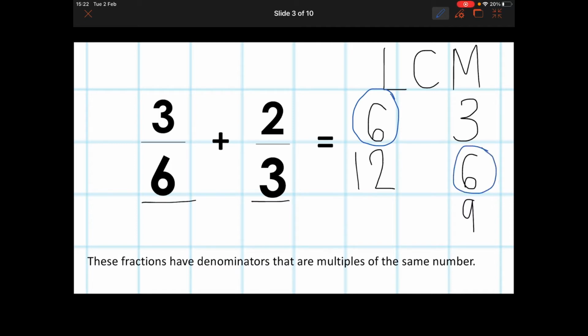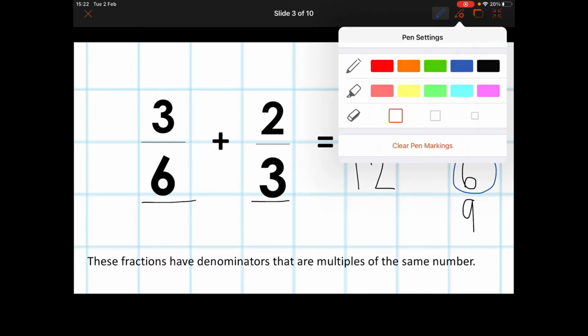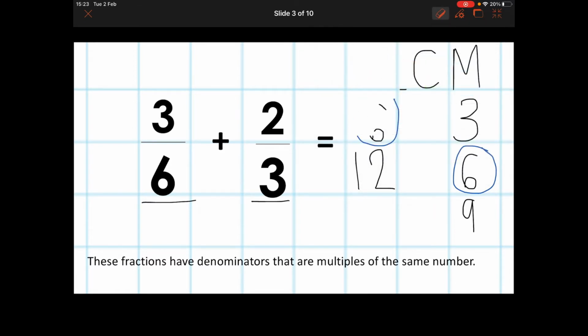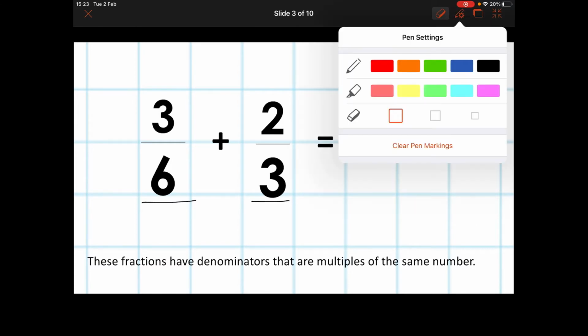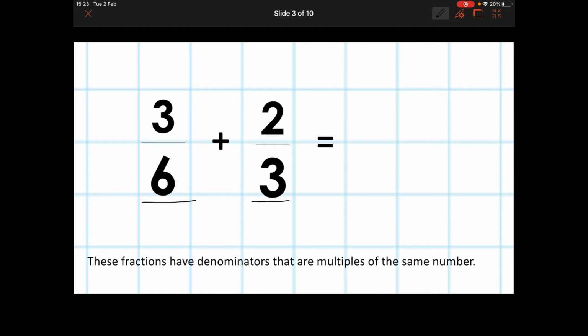I'm going to put a ring around 6, because 6 is the lowest common multiple of 6 and of 3. So if I get rid of this for a moment, I'm going to keep 6 in my head because I know that's my lowest common multiple, which means it will be my lowest common denominator.